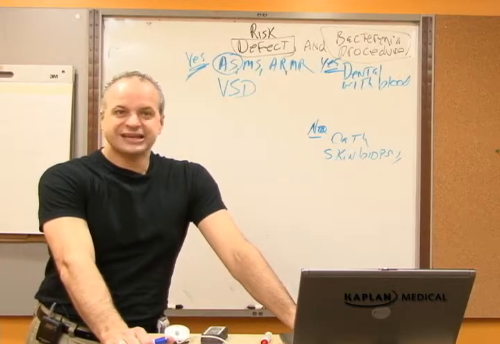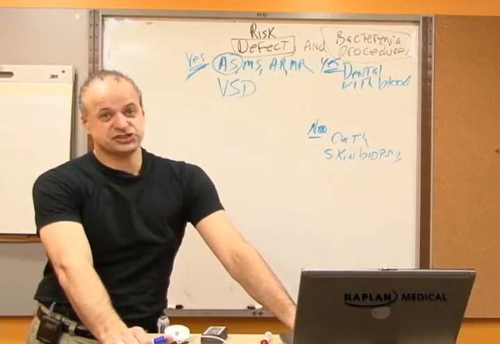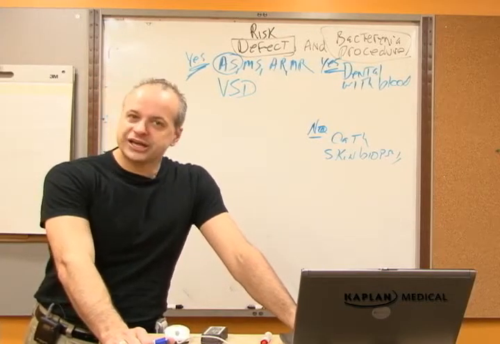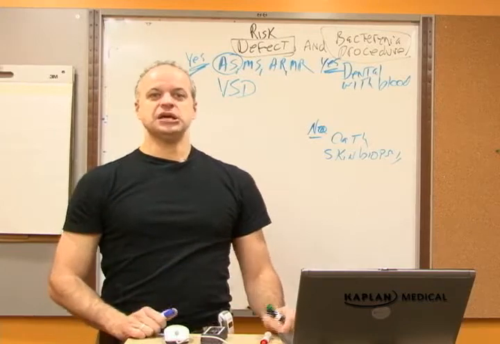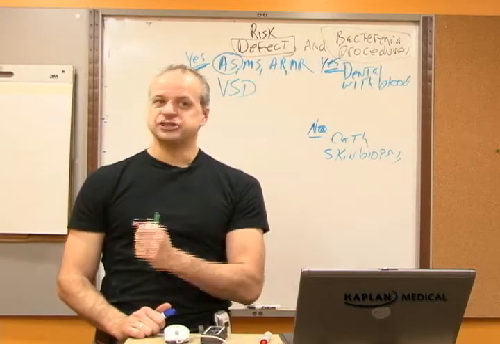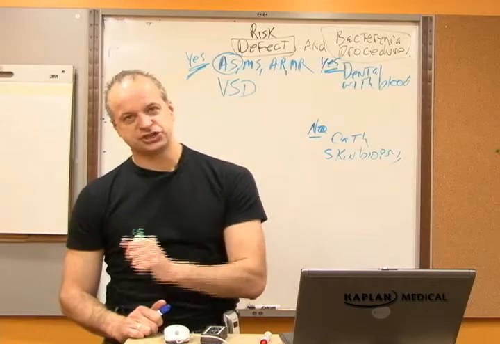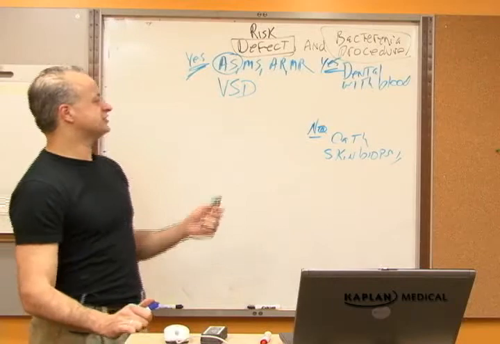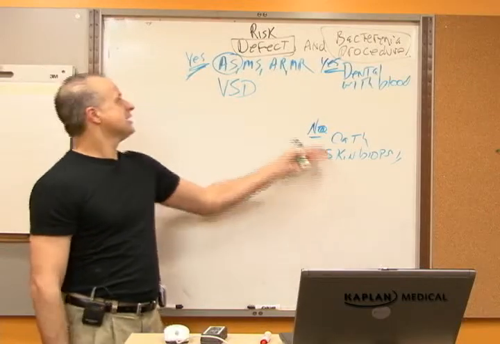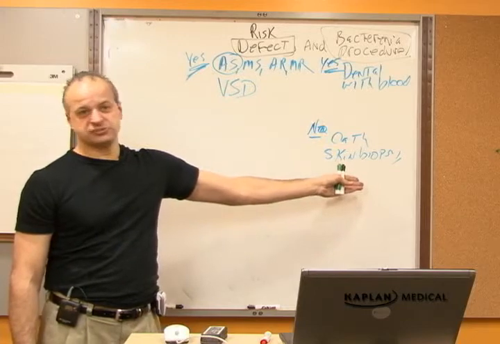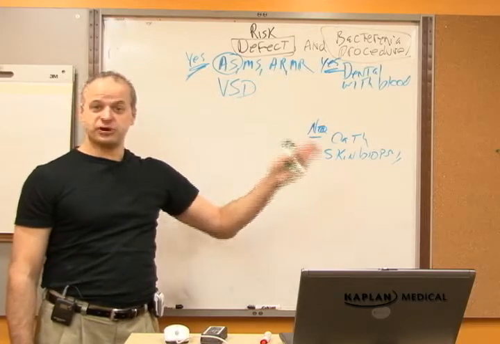Endocarditis prophylaxis is needed if you have both a significant defect and you undergo a procedure that causes bacteremia. If you have a significant defect but the procedure doesn't cause bacteremia, no prophylaxis.